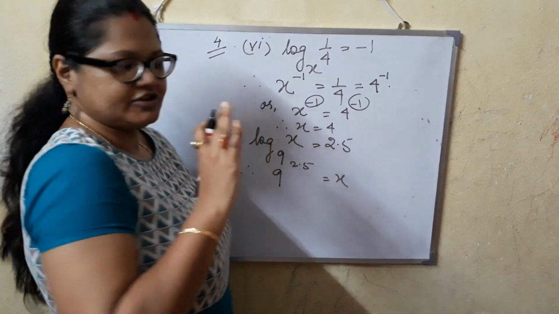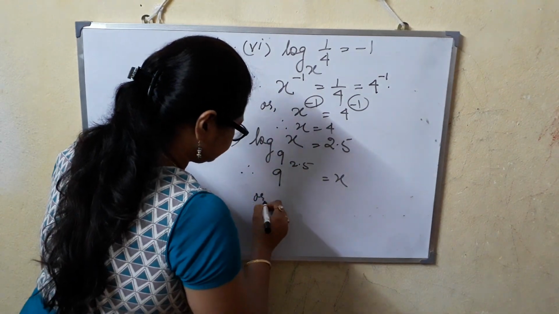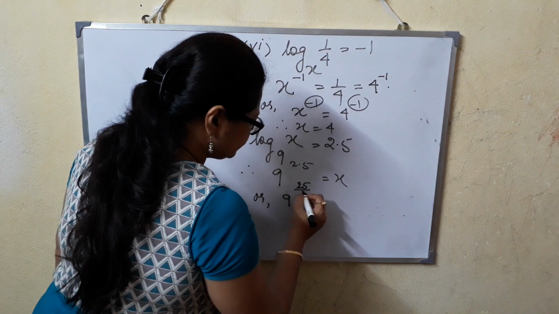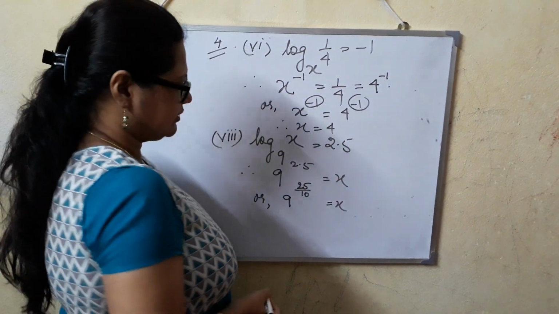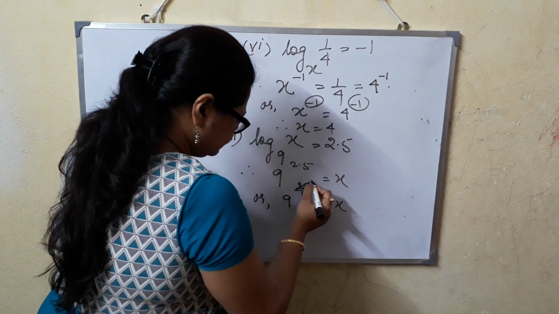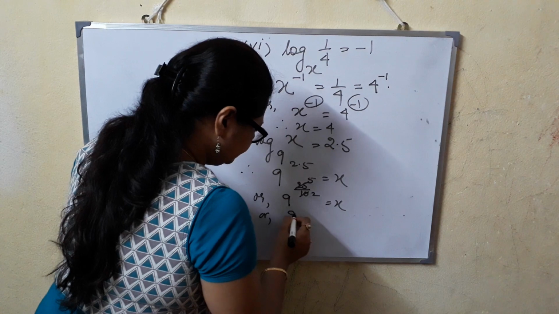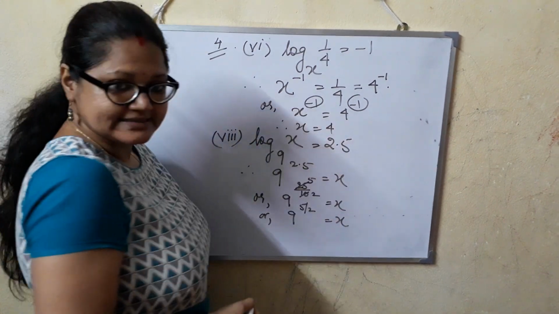Now point can't be expressed in whole numbers. So what we will do? 2.5 can be written as 25 by 10. Okay? So I am getting 9 to the power of 5 by 2 is equal to x.